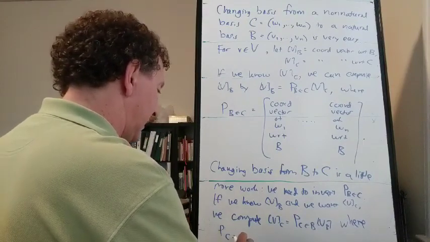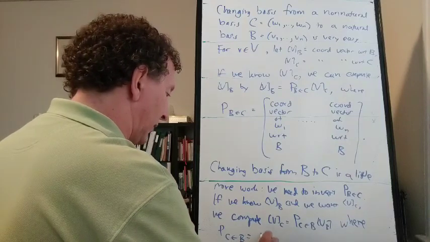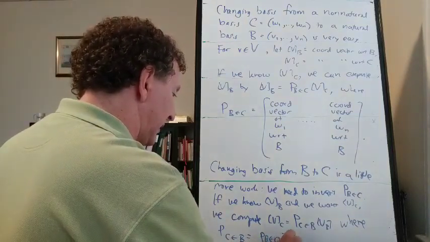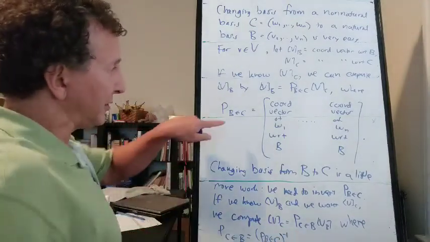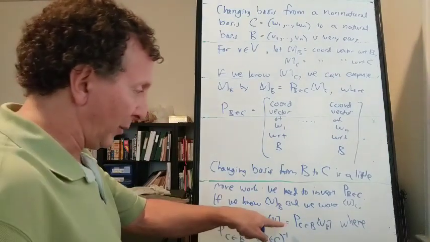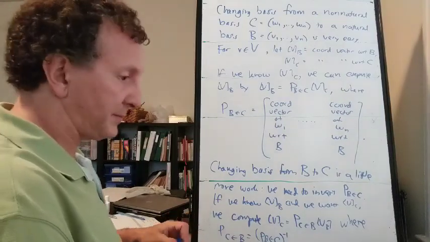P change bases from B to C equals P change bases from C to B inverse. So we just need to invert this matrix, and then we can do matrix times vector multiplication, and we've got our answer.